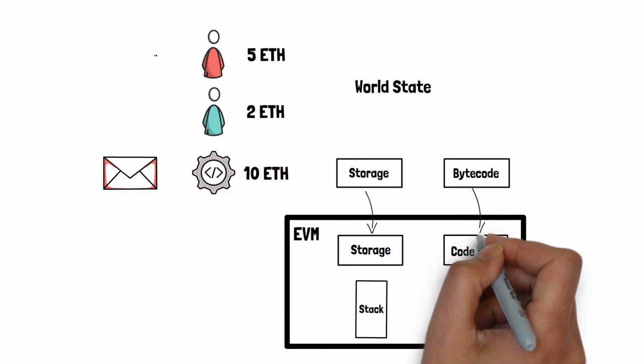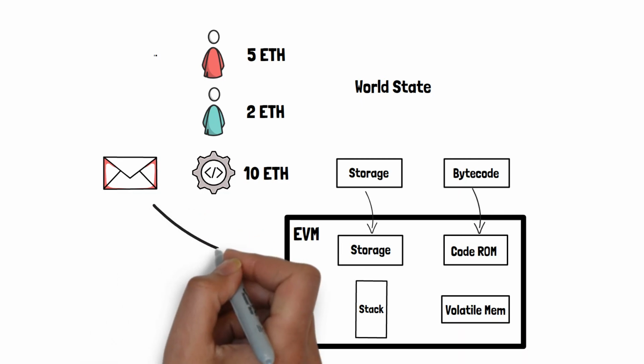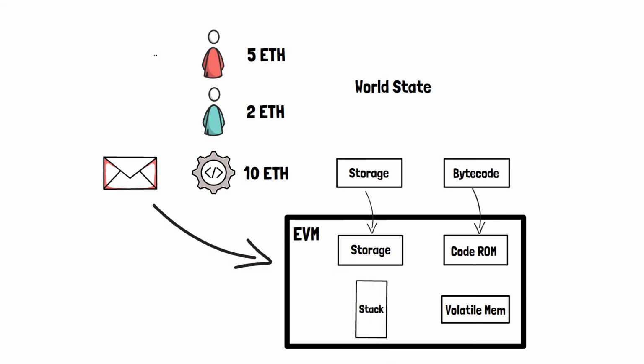Similarly, the bytecode is copied into the simulated code ROM. The information contained in the transaction itself, like the amount of ETH that is sent from the sender of the transaction to the smart contract, or which functionality within the smart contract shall be triggered, is made available to the EVM through certain commands that the EVM can execute.